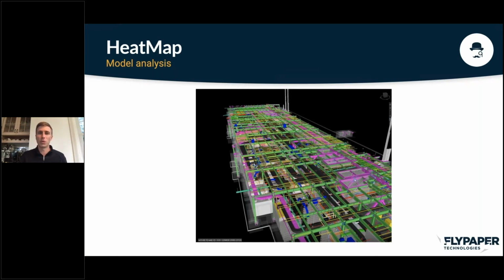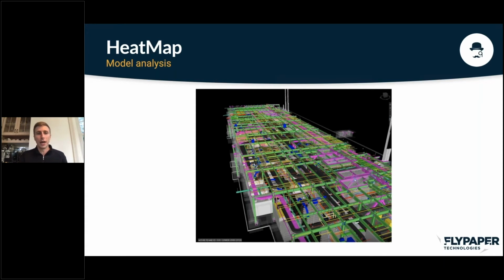By worst areas, I mean the areas that have the most trades clashing, as well as the most clashes that exist in that area. That's going to represent the areas that are going to take the most coordination to get through.